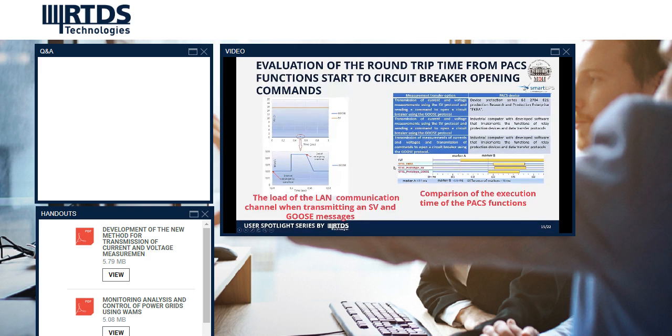Compared to SV data transmission, the new method of current and voltage measurements transmission for PAC allows to reduce the peak load of the network in emergency conditions by more than 300 times for one bay.